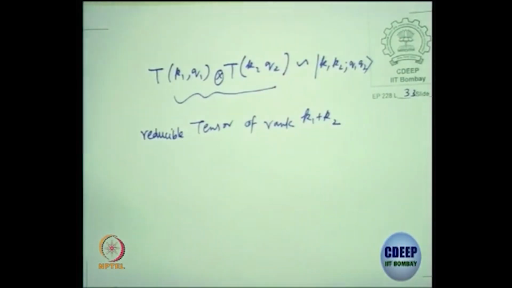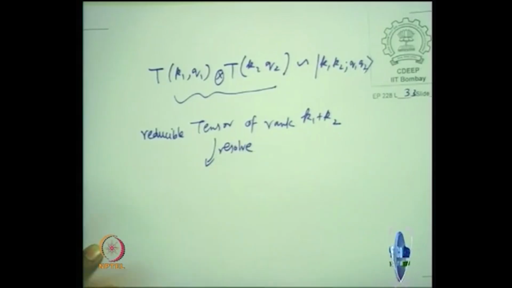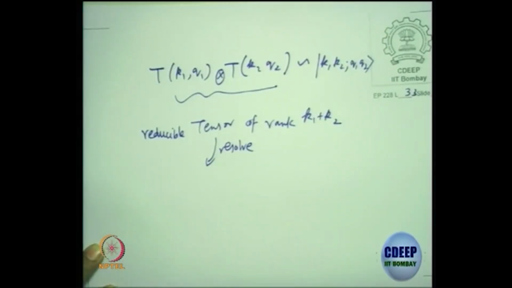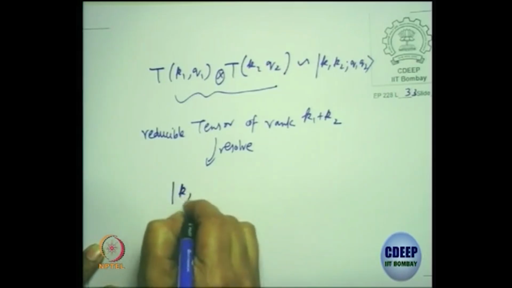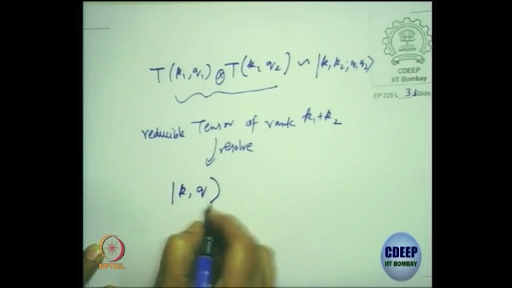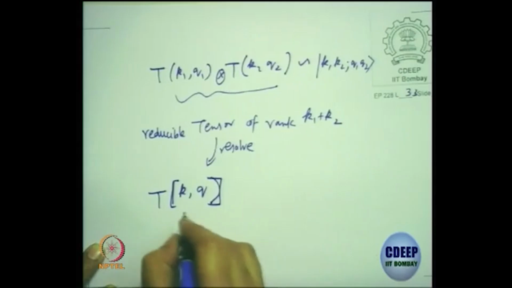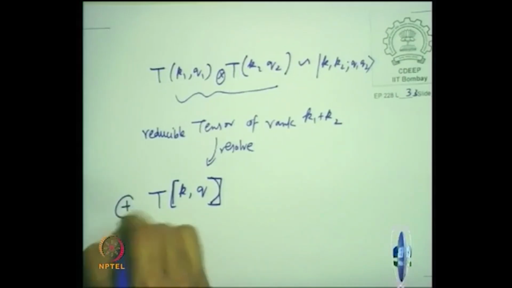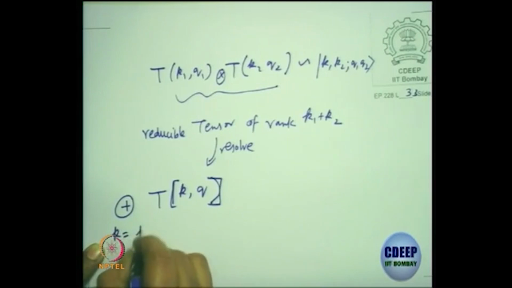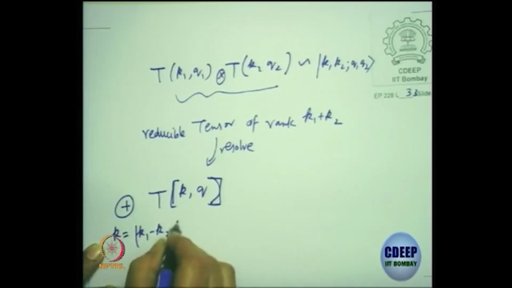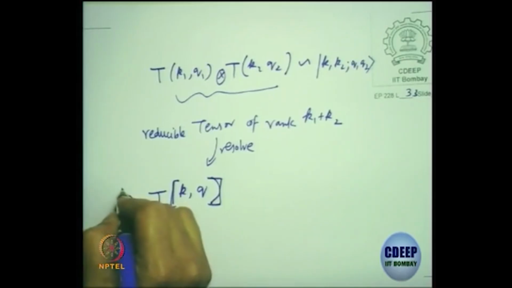What do I mean by reducible? It's a raw tensor where you have combined them, but now I have to resolve with respect to the rotation properties. How will you resolve? Again using the same CG coefficients and break it into T of KQ. So it is a linear sum going from K equal to K1 minus K2 to K1 plus K2.